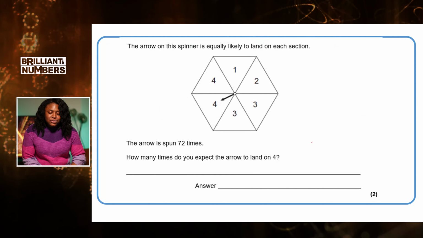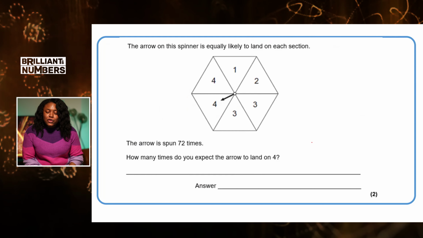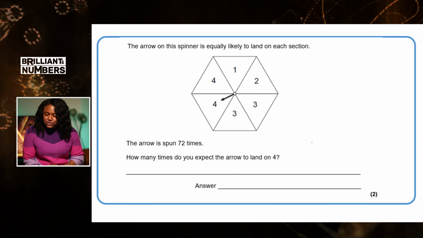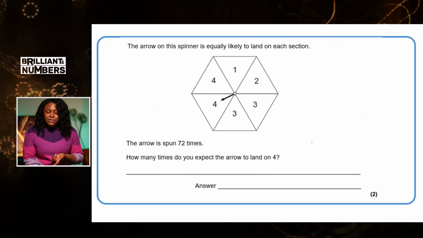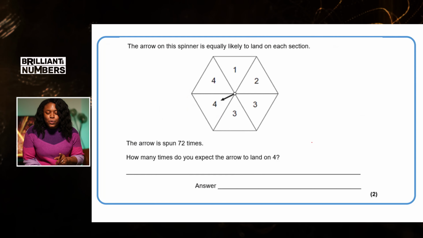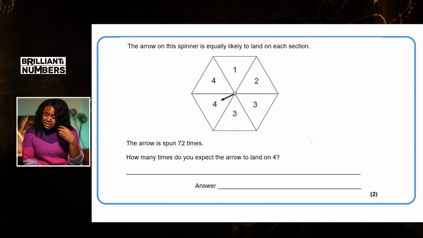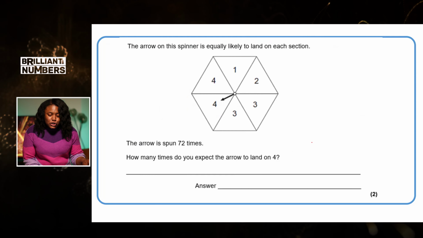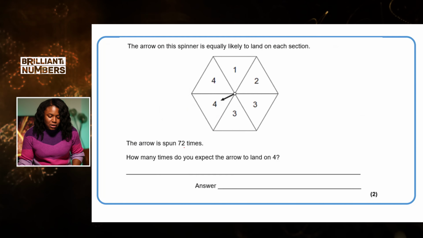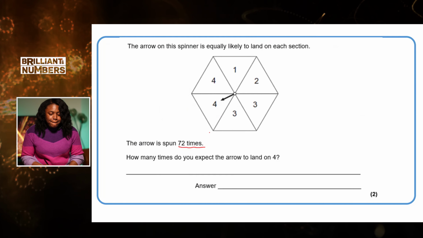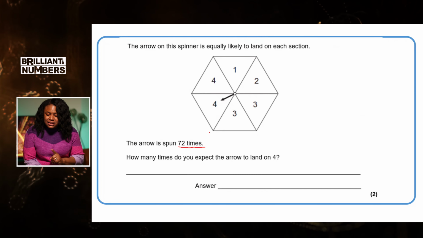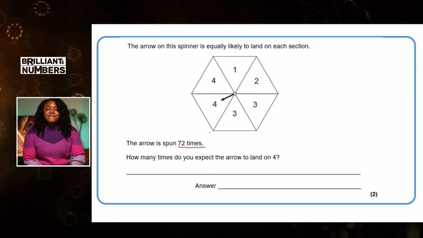Now in this question we're told that the arrow on this spinner is equally likely to land on each section. We observe our spinner, we can see we've got 1, 2, 3, 3, 4, 4. Equally likely. So there are 6 parts on this spinner. We're told that the arrow is spun 72 times. So we underline that. We're asked now to say, how many times do you expect the arrow to land on a 4?